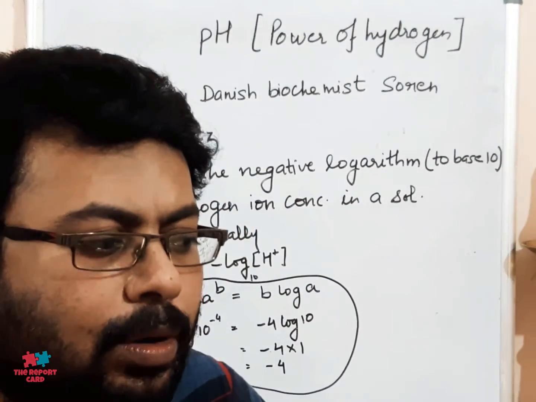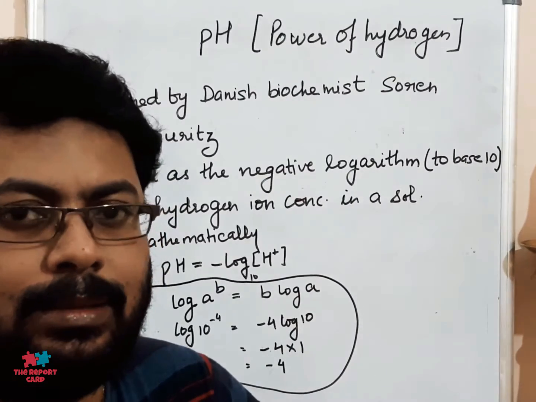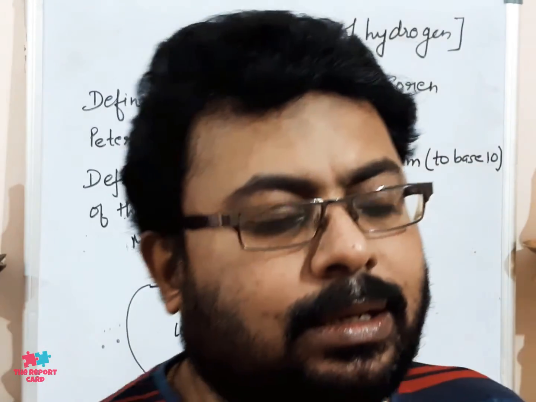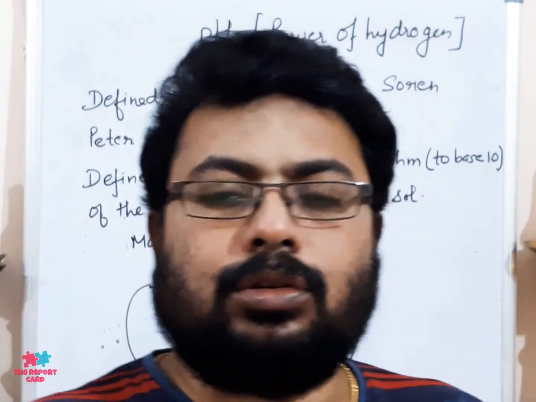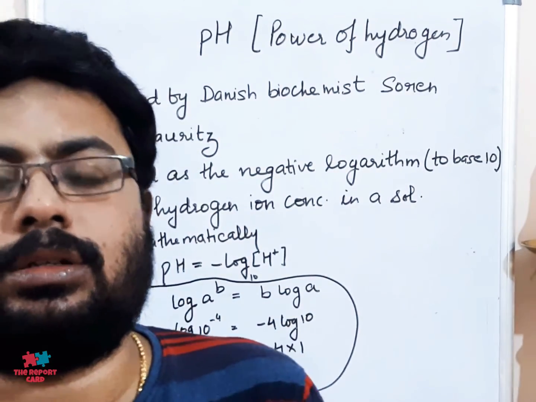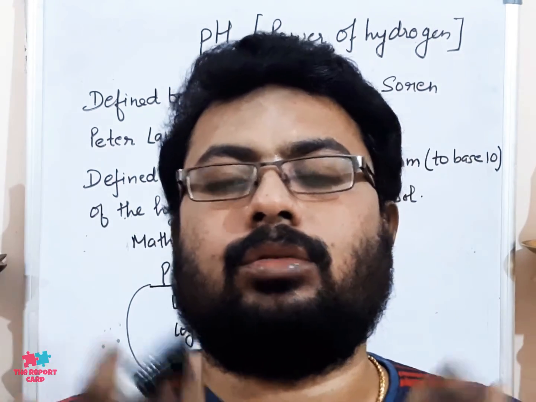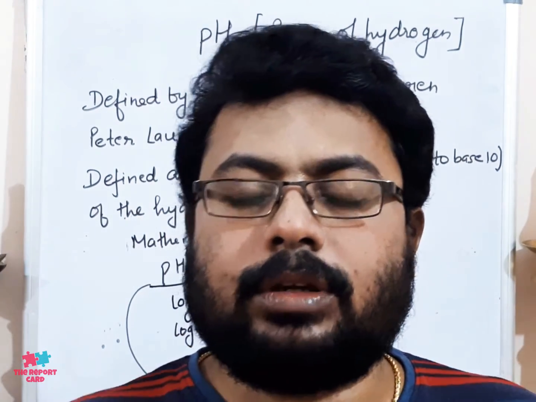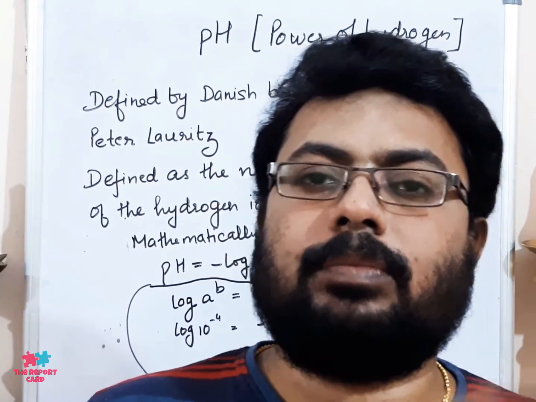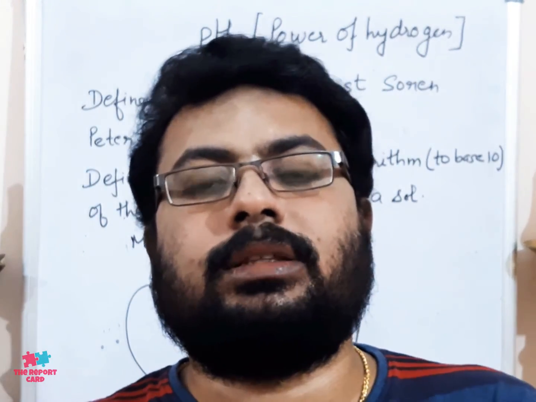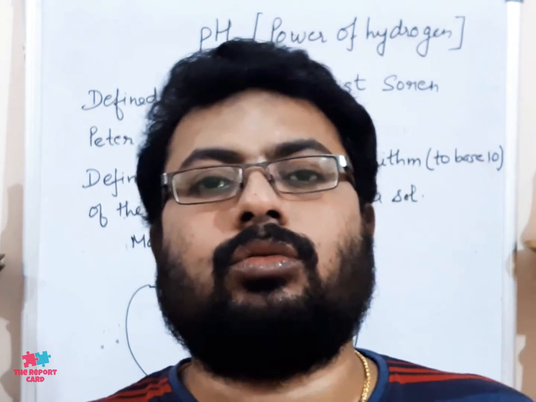Now before understanding pH, let me tell you that basically every solution of a compound has hydroxyl and hydronium ions. It's not that only hydronium ions are present or only hydroxyl ions are there, or that when they dissociate they will only give hydroxyl ions or only hydronium ions.